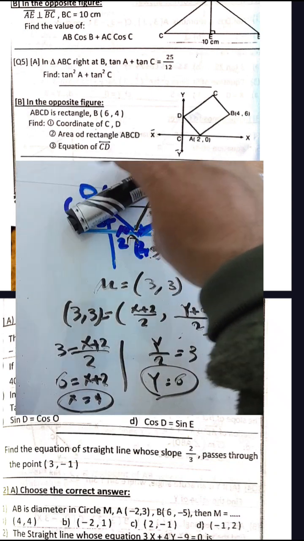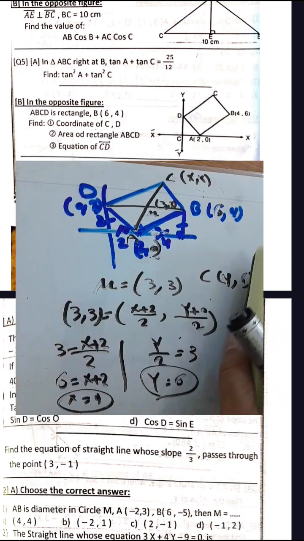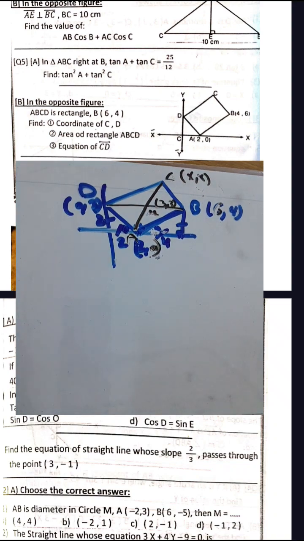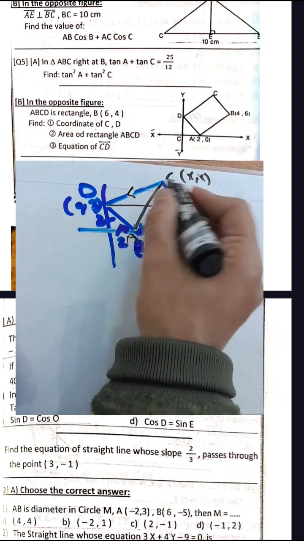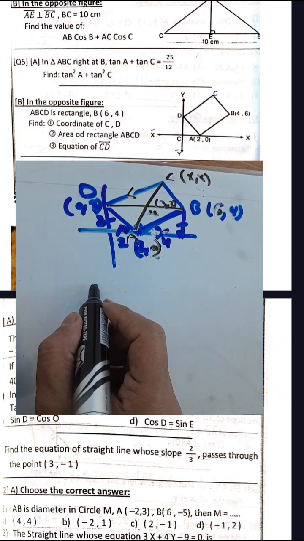This equation of this straight line CD, you can find the slope. You want to find the equation of the straight line passing through CD. We know C was what?